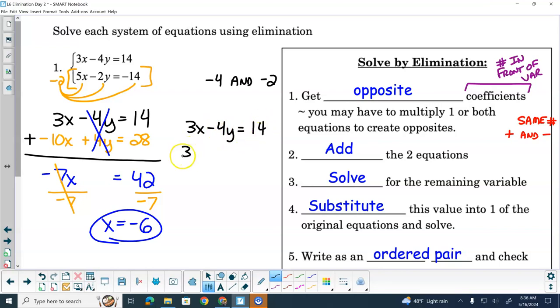So that's going to be 3 times negative 6 minus 4y equals 14. Right? 3 times negative 6.